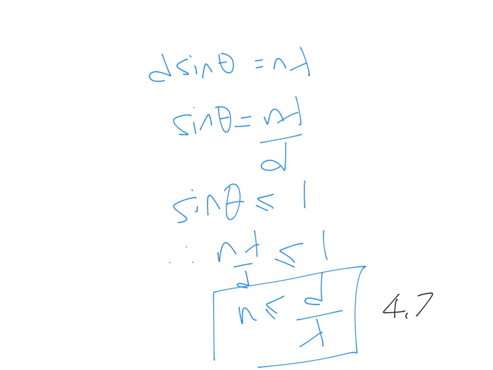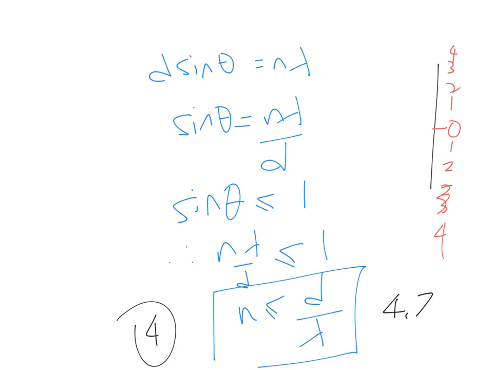Now, once you get the highest order number, what it means is your highest order is 4. So how many bright images and what is the highest order number is not the same. Highest order number is 4, but how many will you see on the screen? Remember, you will see the 0 order first. Then you have 1, 2, 3, 4, and 1, 2, 3, 4.